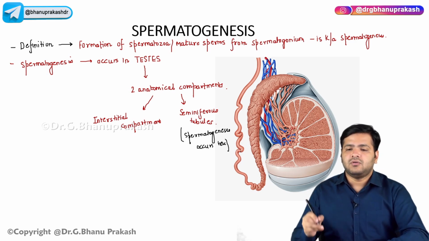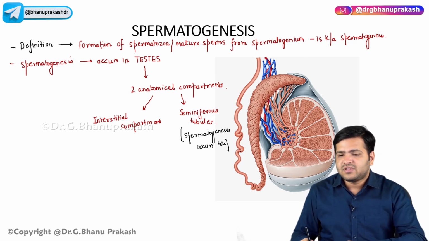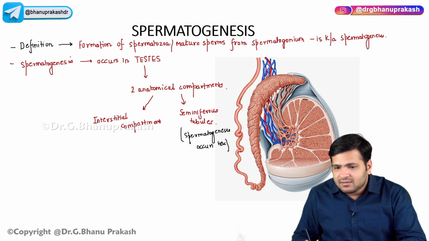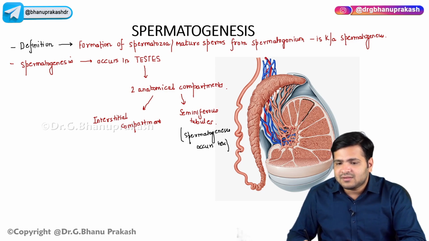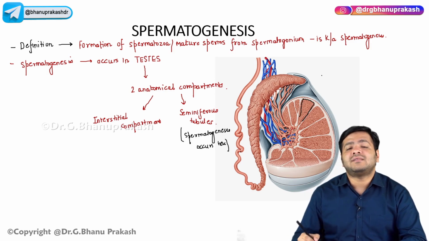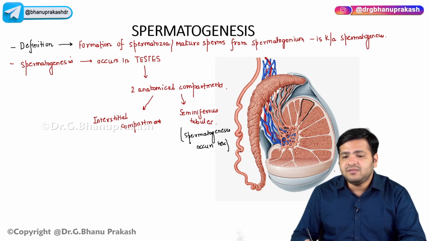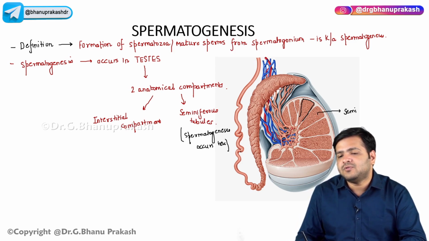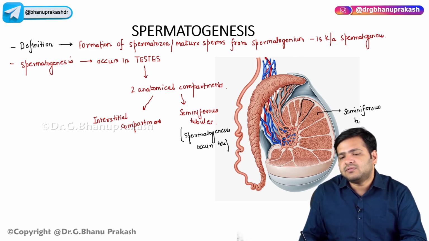Now this is the diagram depicting the testis, and you can see these seminiferous tubules. The testis is divided into various lobes, called testicular lobes. These lobes contain highly coiled tubules, called the seminiferous tubules.